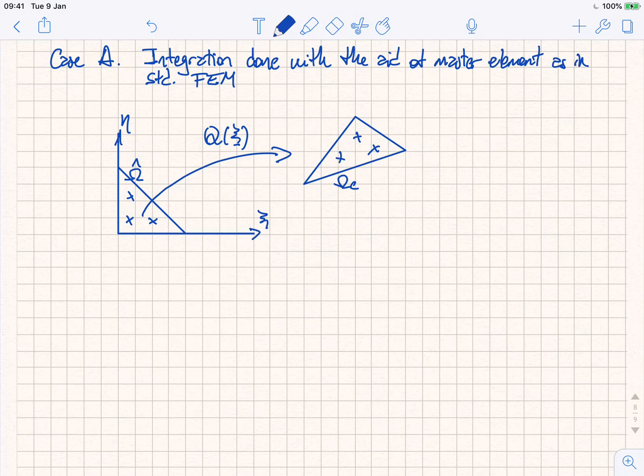So in our master element, we have defined our shape functions as a function of the psi eta coordinates. And for this particular case, well, alpha goes from 1 to 3 because we're dealing with a triangular element. And then to obtain the derivatives of those functions, we just apply the chain rule the same way we did it in standard FEM before.